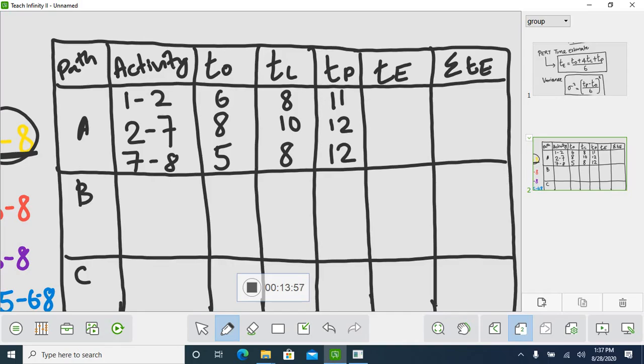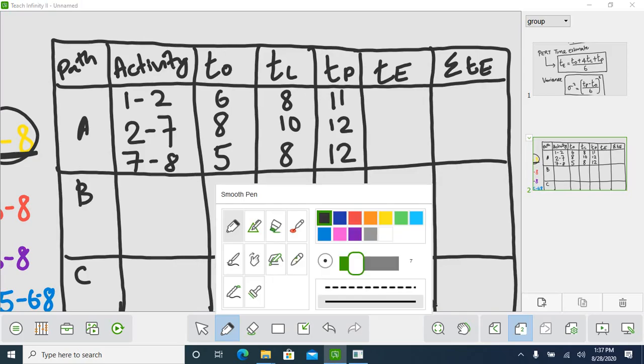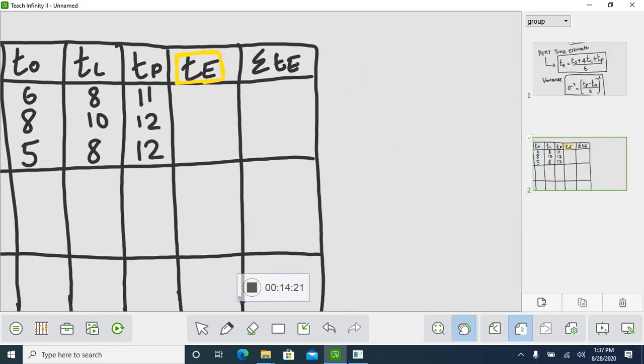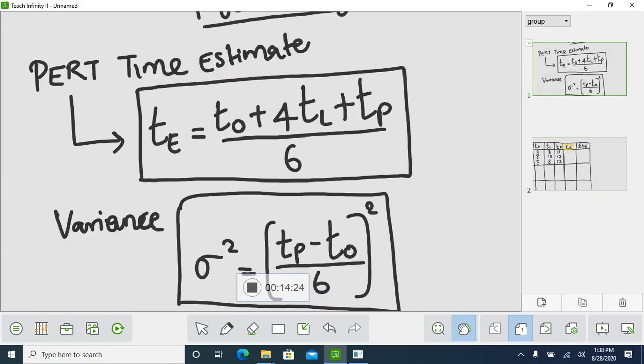So for path A, we got all the activities, and we got optimistic time, most likely time, pessimistic time. So our main goal is to find the expected time. So what is the formula we can use? Students, we have seen it, no? Our formula is TE equal to TO, that is optimistic time, plus 4 times the most likely time, plus pessimistic time, divided by 6.